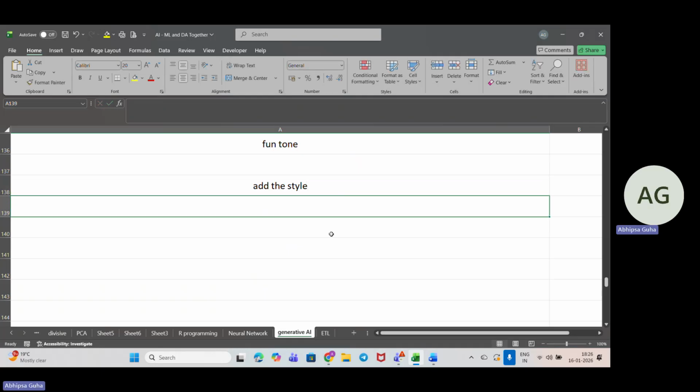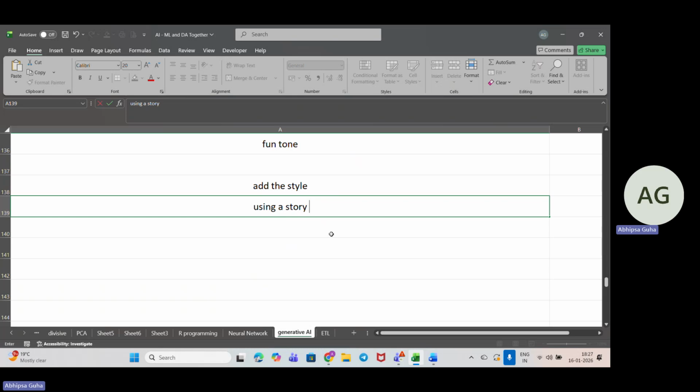You are just adding the line "using a story." So that means what? You are asking AI to switch to storytelling mode, add characters, add emotion, and explain what a dog is to a child. Okay, so this is the style control.